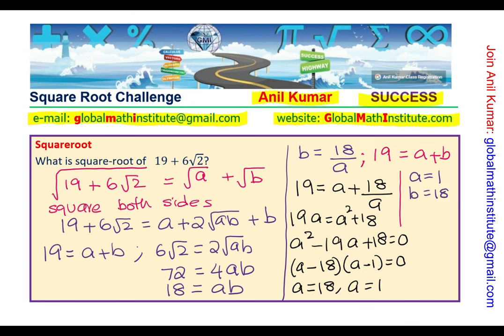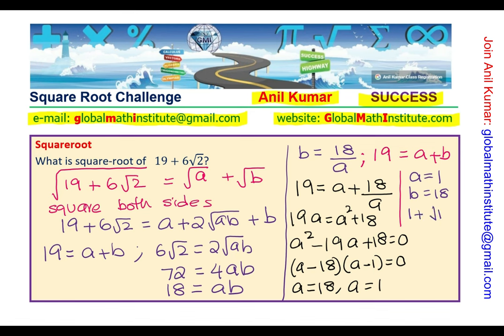And therefore, we can write down that the square root of this is 1 plus square root of 18. Now, square root of 18 is the square root of 9 times 2, so 3 square root 2.